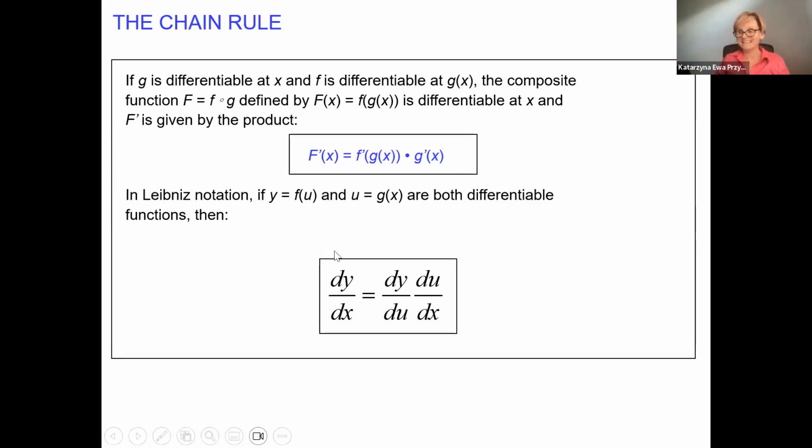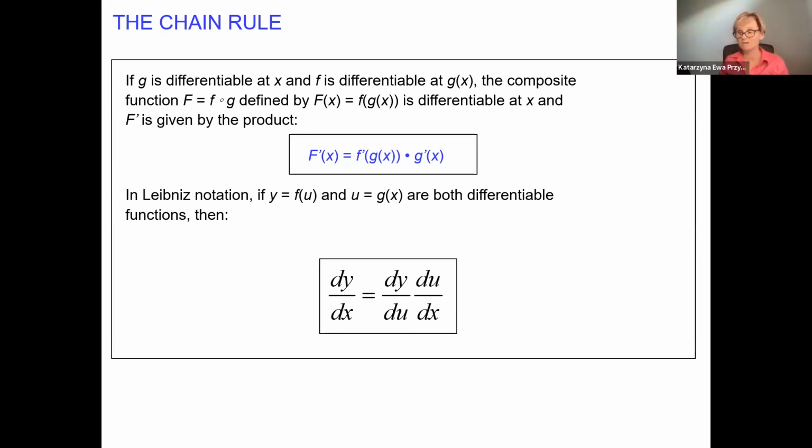I typed this: the derivative of f is f prime times g prime, but f depends on g. Or if we like, we can use the Leibniz notation: the derivative dy dx, of y with respect to x, is the derivative of y with respect to u, where u is the inner function, times the derivative of the inner function u with respect to x.